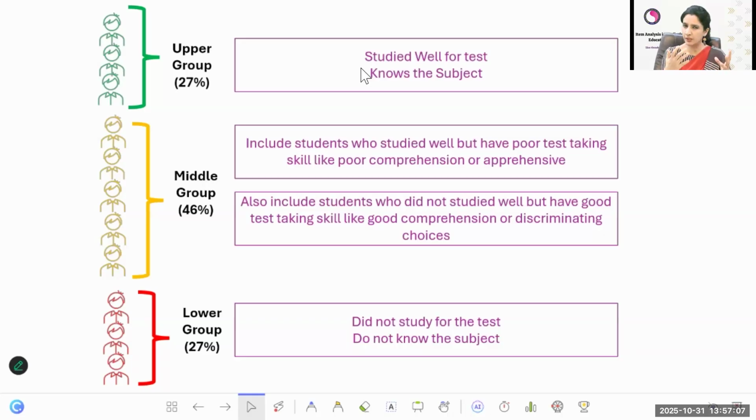They have read it, maybe they have not revised enough. So they are prepared, but somewhat less than the upper group. And there are also students who have not studied well, but have very good test taking ability. Good test taking ability means they can differentiate among the choices somehow, and they are good at guessing also. So that's why this middle 46% of the students is formed.